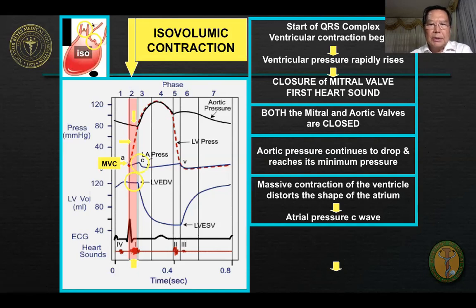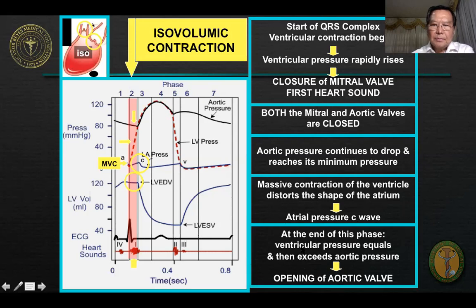And this is followed by the massive contraction of the ventricle, and it somehow distorts the shape of the atrium. And you see some change in your venous wave that inscribes the so-called C wave. Okay.